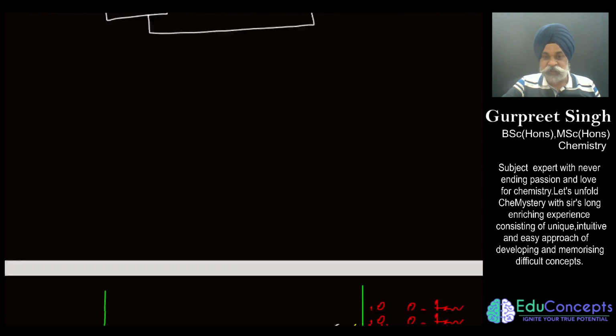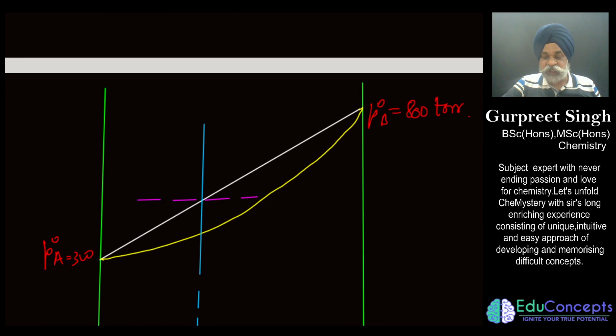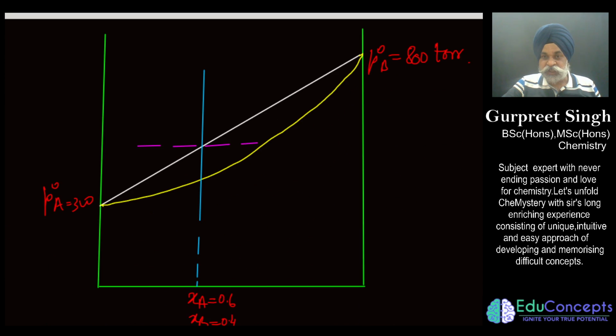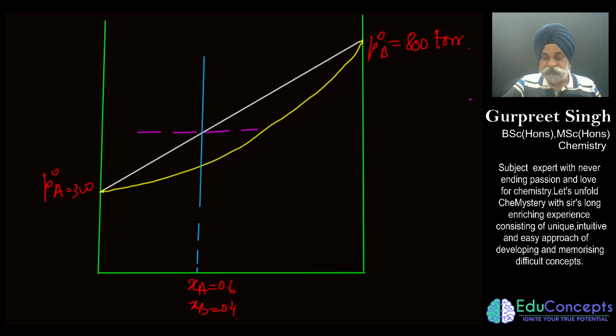Now here comes the discussion. This can be easily understood in a graphical way. First you have to understand how the graph is to be interpreted. This is XA, which is 1, and if XA is 1, XB would be 0. Here XA is 0 and XB is 1.